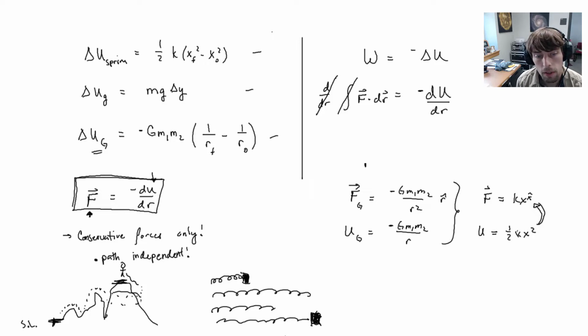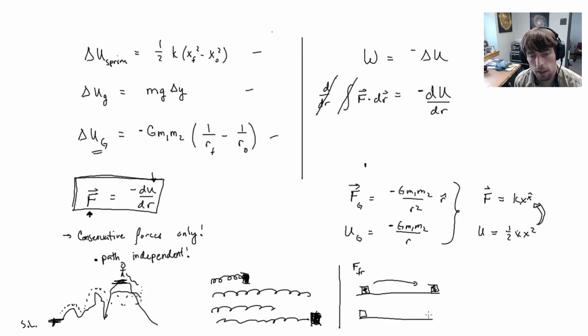What's a different one that is non-conservative? Let me give you an example. The frictional force is a non-conservative force. Say, for example, in one situation, you have a box sliding directly on a floor to another location. In another case, the box slides one way, slides back, and does some sort of back and forth sliding.